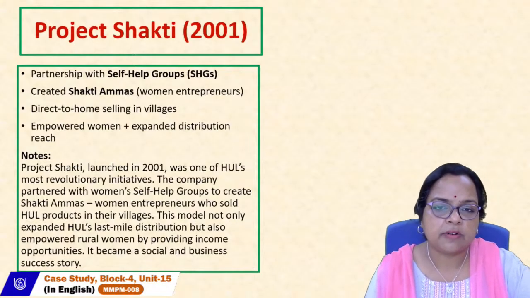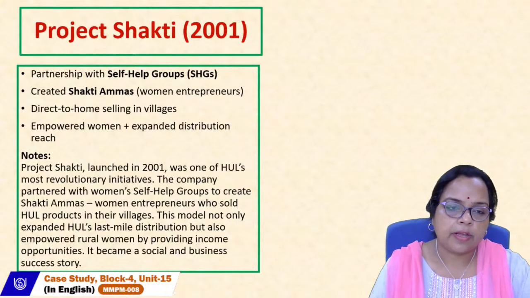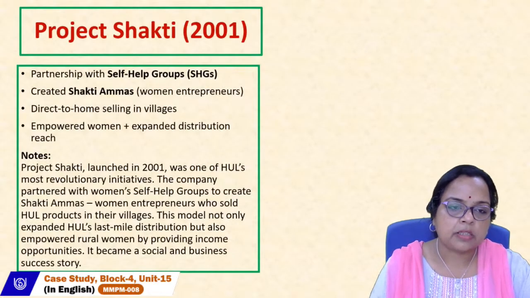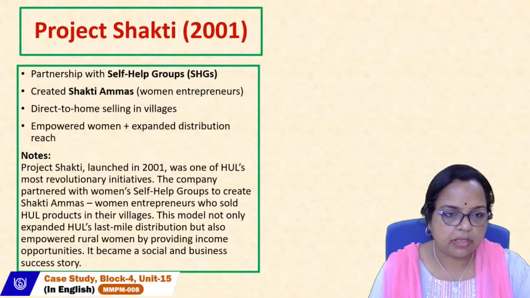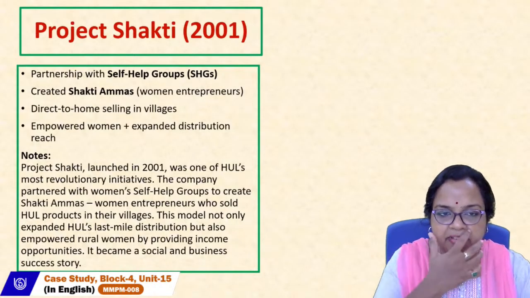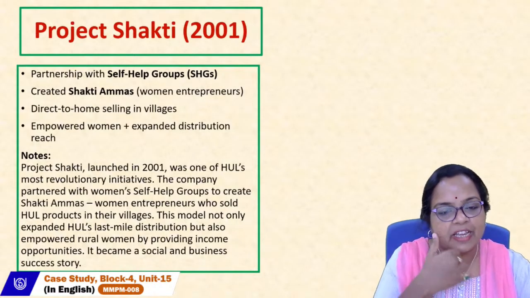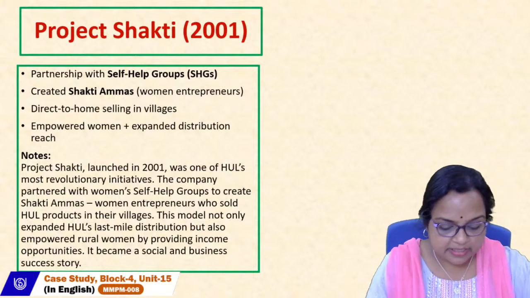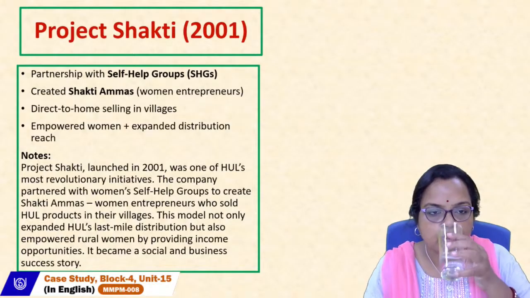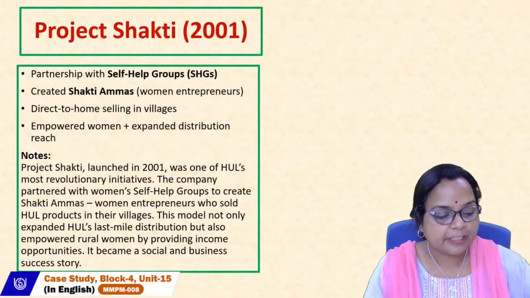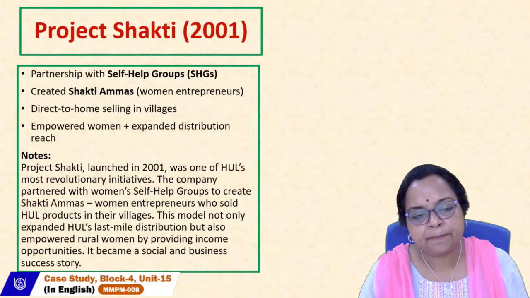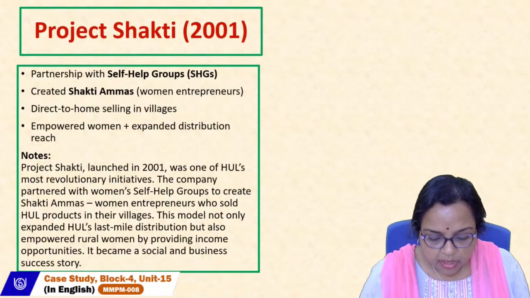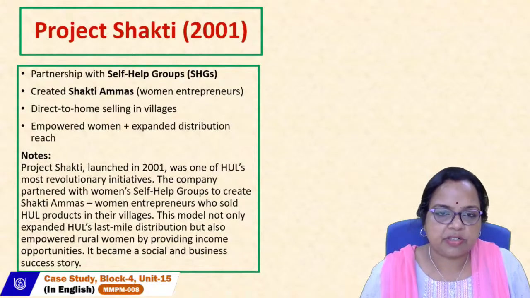In Project Shakti of 2001, by partnering with self-help groups and creating Shakti Ammas, HUL directly reached home selling in villages through the Ammas, the empowered women of SHG groups. Two outcomes of this were empowered women with more income options, and expanded distribution reach.